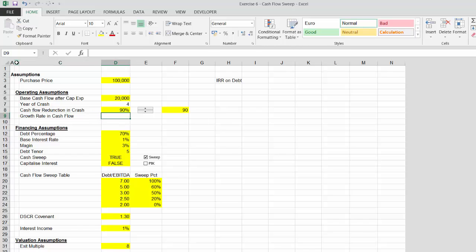And let's assume that that has some growth. Shift down, Control D, and let's just say that we've got a base case of, let's make it high growth, 7% growth. We could put 7 here, and we get 7% growth.